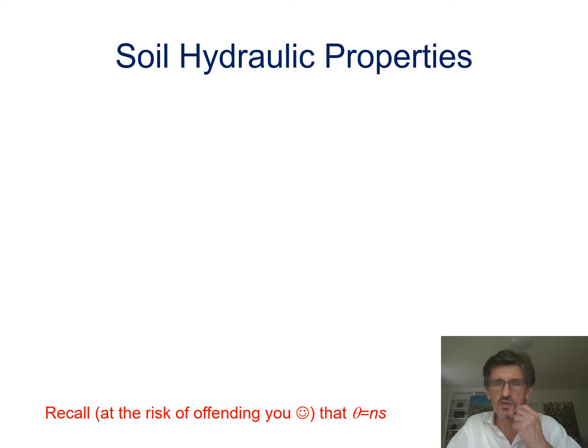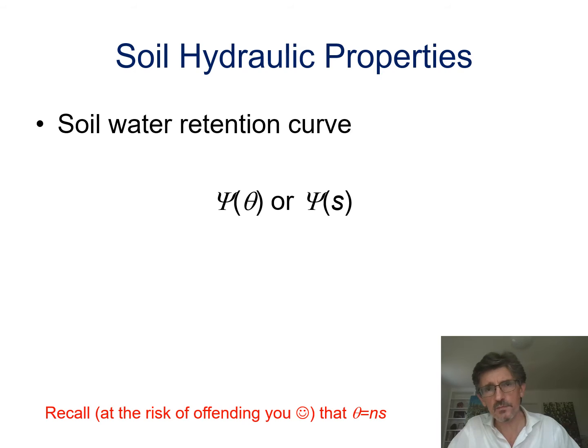What is really important for us is how water behaves, moves, or its energetic properties inside the soil. And we are talking about especially unsaturated soil, where soil moisture is not necessarily 1, but it's somewhere between 0 and 1. We have in mind two types of curves, especially.